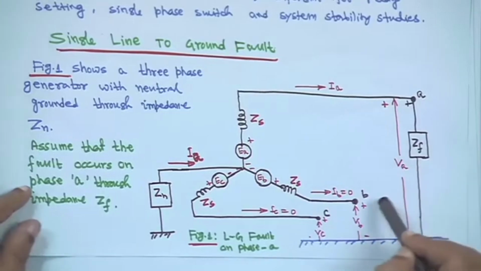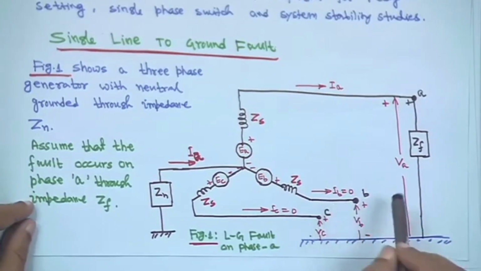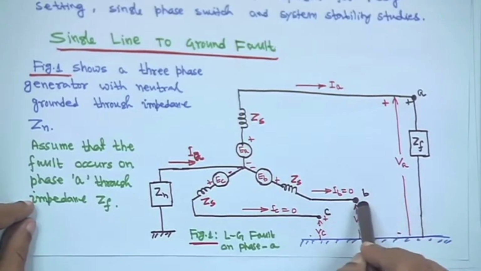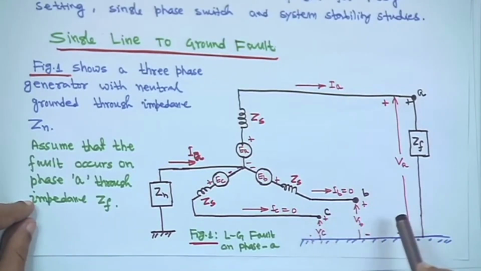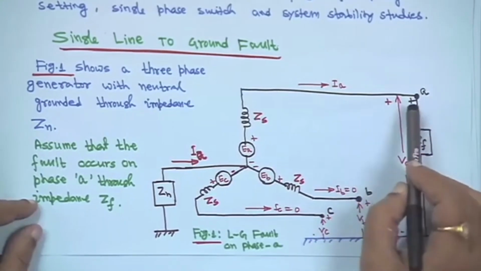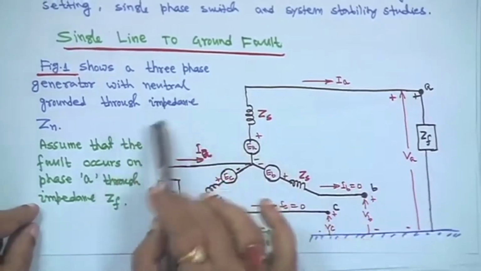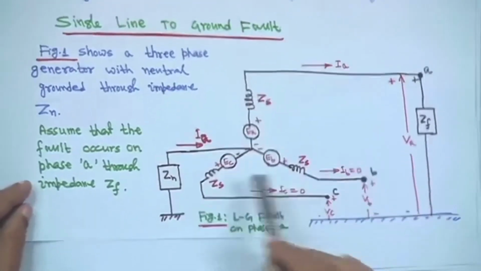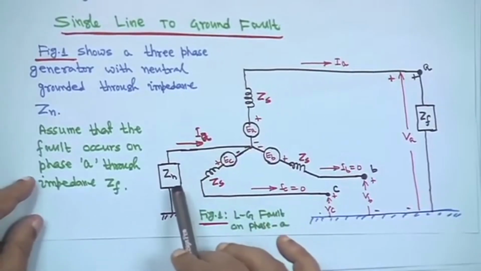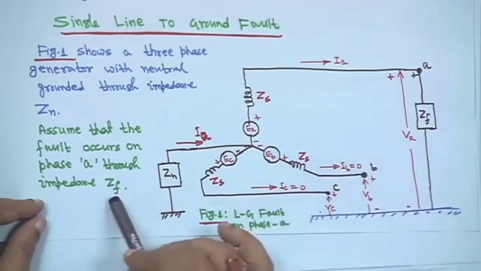Therefore, in phases B and C the boundary condition is that IB will be 0 and IC also will be 0, because we are assuming that the fault has occurred in phase A. This figure shows a 3 phase generator with neutral grounded through impedance Zn, and we are assuming that the fault occurs at phase A through impedance Zdf.